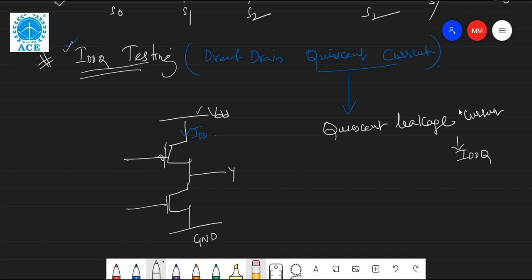This current can be measured only if the chip is functioning properly. Remember, the chip must function properly. Let us see what will happen.